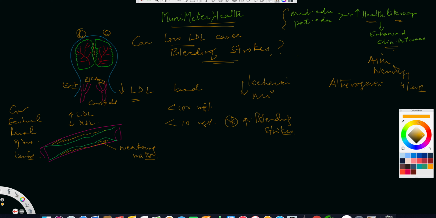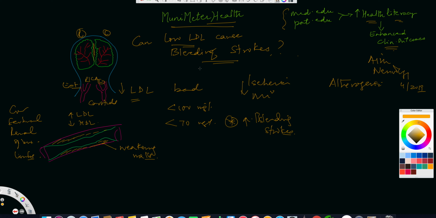Just remember that they are very, very deadly and have a high mortality and morbidity, whereas ischemic strokes still have a great chance to improve. But bleeding strokes are obviously deadly because if there is an intracranial bleed, that's considered an emergency, and of course the mortality and morbidity is very high.